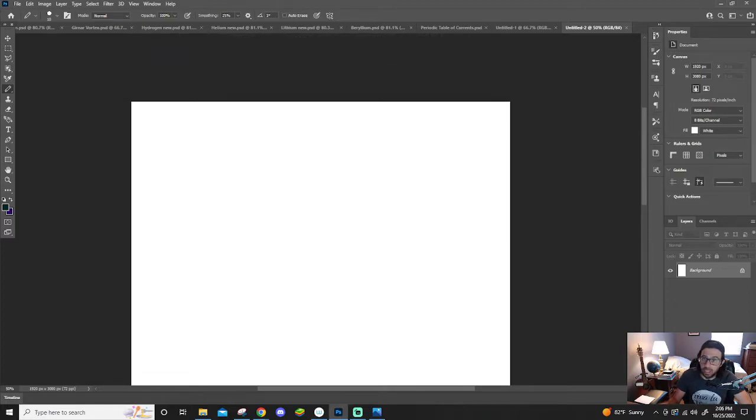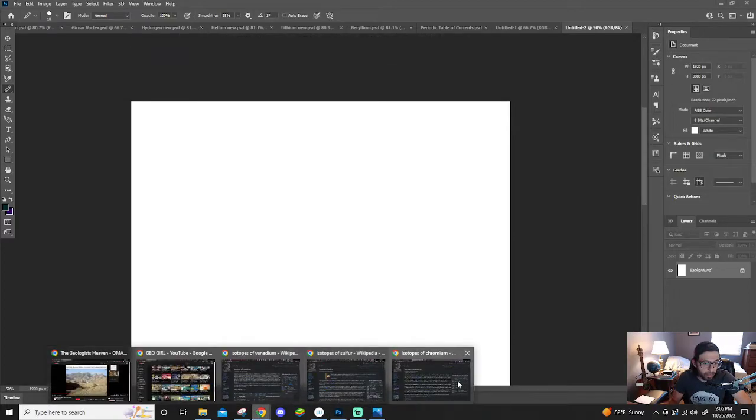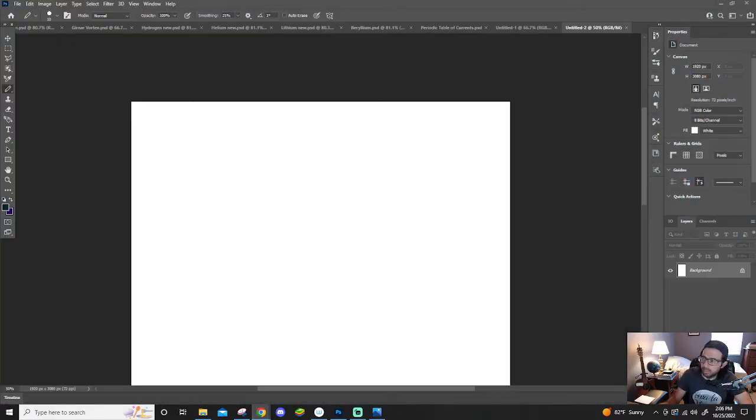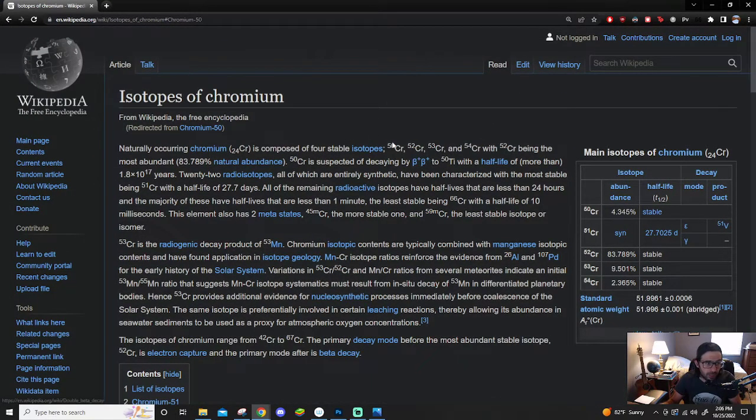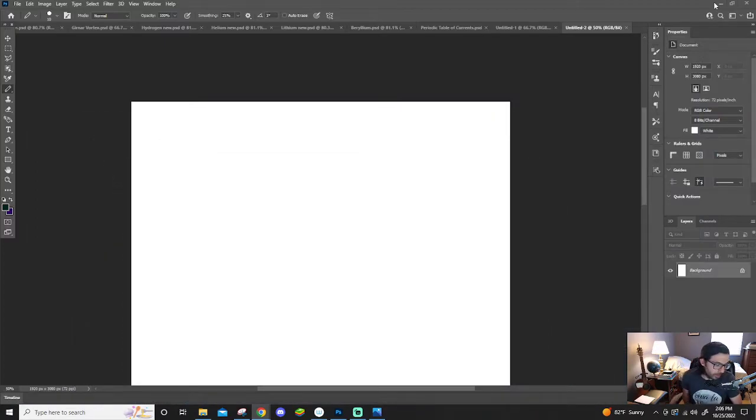After vanadium. Okay, we got chromium, which has 4 stable isotopes, 50, 52, 53, 54, with 52 most abundant. So 50, 52, 53, 54, okay.